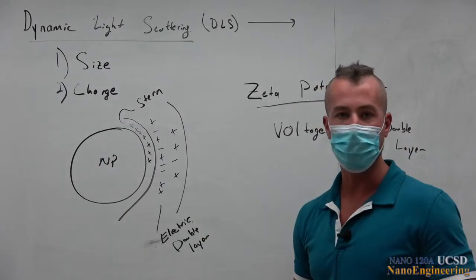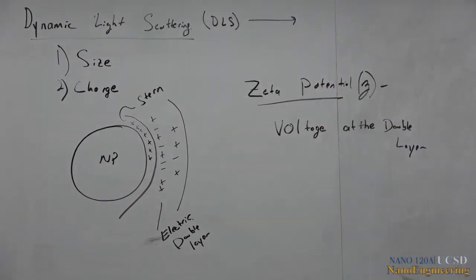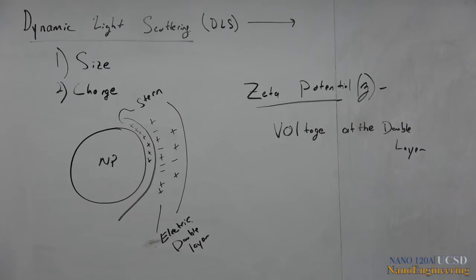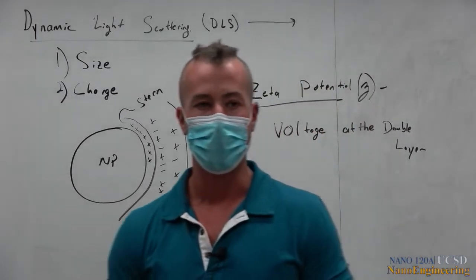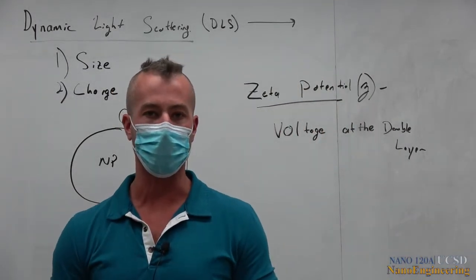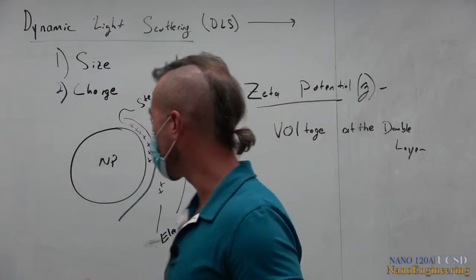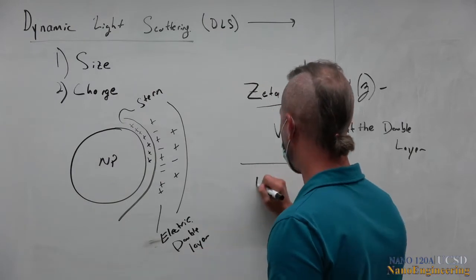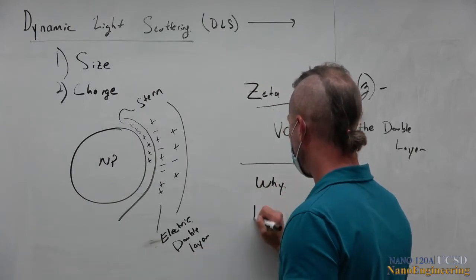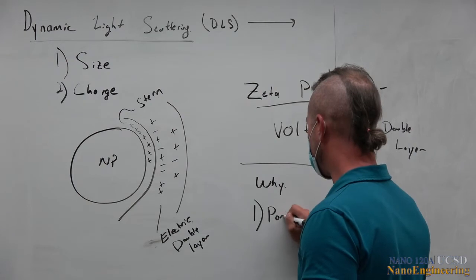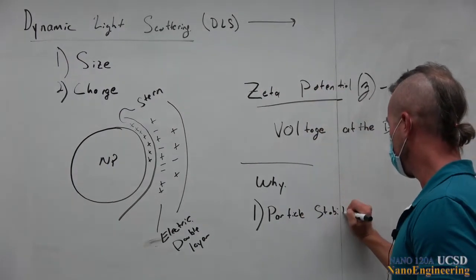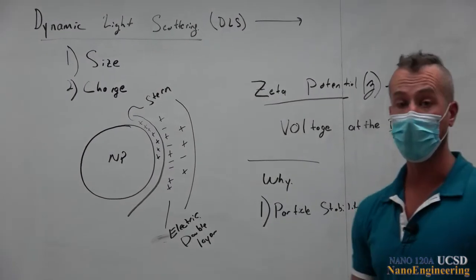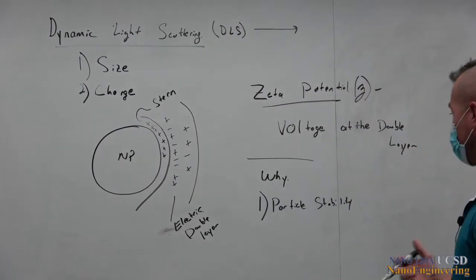Are there more positive or negative charges across that double layer? So why do we care about it? The primary reason we care about it is that it governs particle stability. That's thing one, I guess. One is particle stability. So it's an indicator of how stable your particle will be.